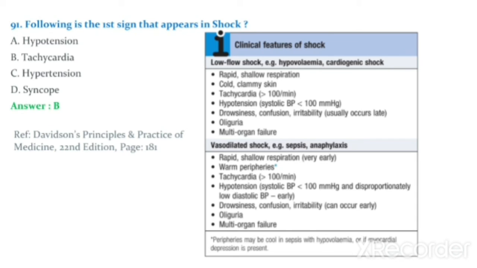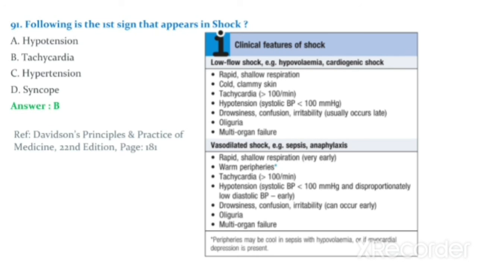Vasodilated shock, for example, sepsis and anaphylaxis, includes rapid, shallow respiration very early, warm peripheries, tachycardia greater than 100 beats per minute, hypotension, systolic BP less than 100 mm of Hg, and disproportionately low diastolic BP.